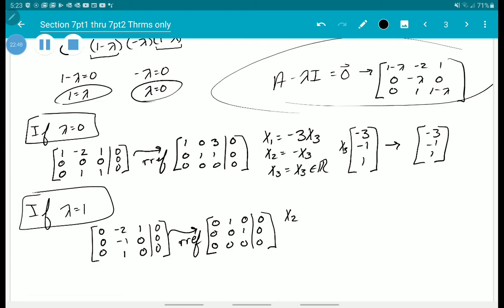So this says x2 and x3 are 0. x1 can be anything. So our eigenvector would be the vector 1, 0, 0.